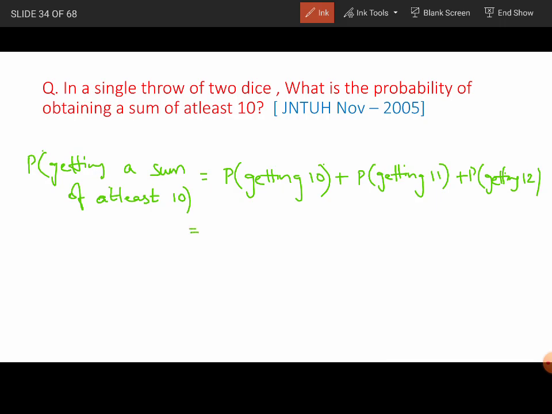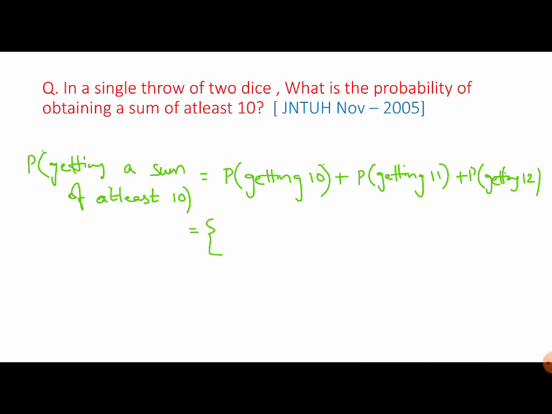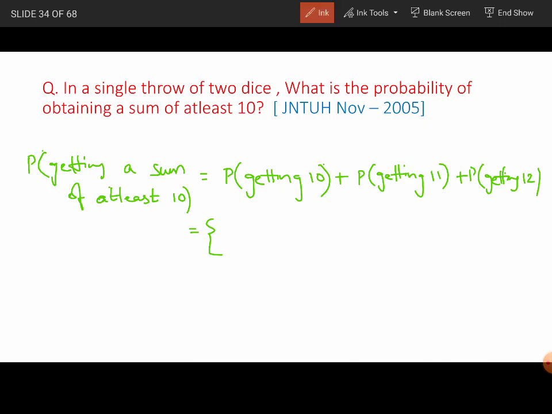So what are the events of getting 10? When do we get 10? Let me write down. The probability of getting 10 is 4, 6, 6, 4, 5, 5.